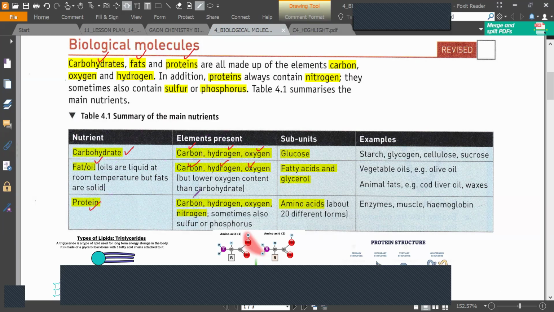Protein also has carbon, hydrogen, oxygen. So we know that these three elements are important for living things. Protein also has nitrogen and sometimes sulfur and phosphorus. So first we will focus on glucose.